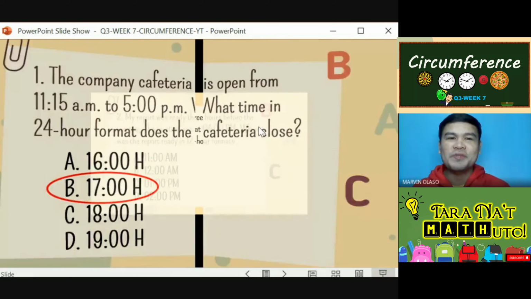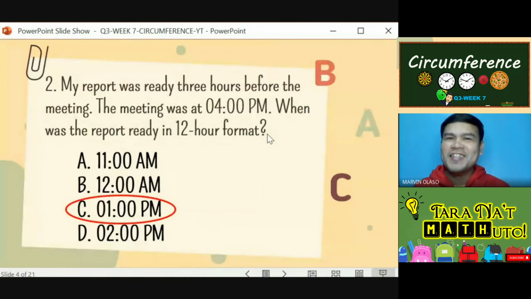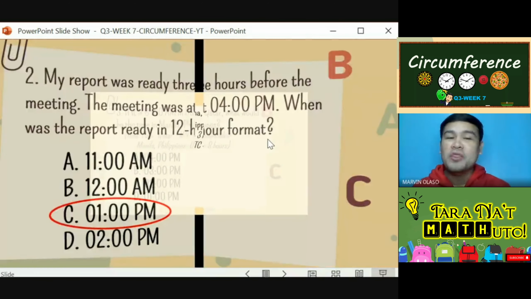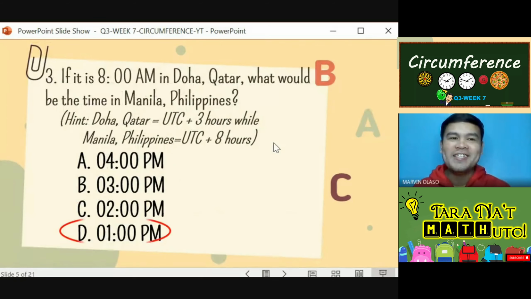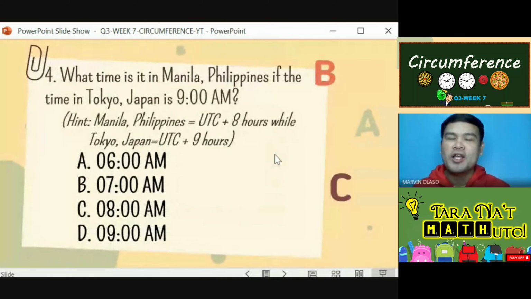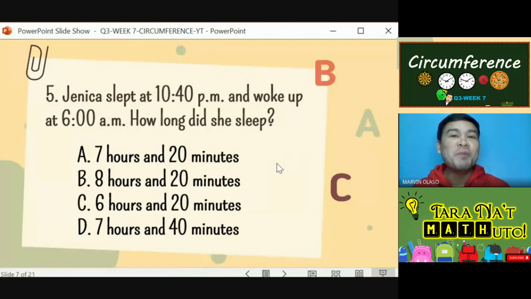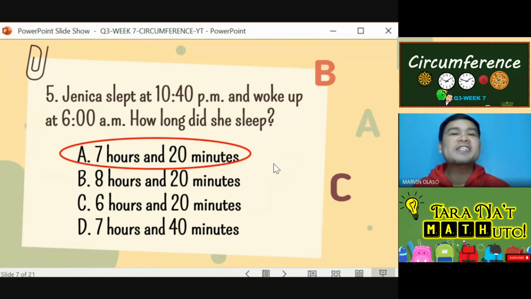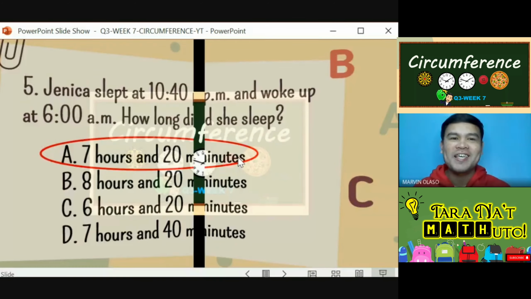Number 2, the answer is letter C, 1 o'clock p.m. Number 3, the answer is letter D, 1 o'clock p.m. Number 4, the answer is letter C, 8 o'clock a.m. Number 5, the answer is letter A, 7 hours and 20 minutes.